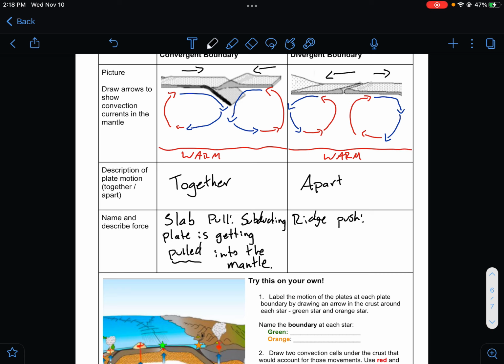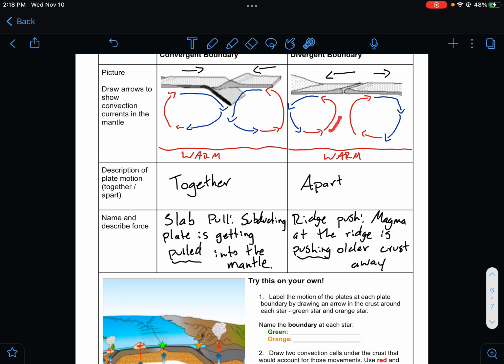And then on the other side, ridge push, well, the magma at the ridge, so this usually occurs at a mid-ocean ridge, magma at the ridge is pushing older crust away.